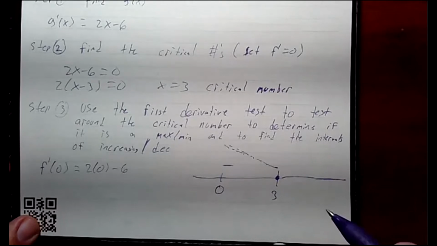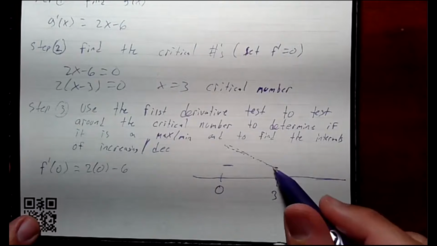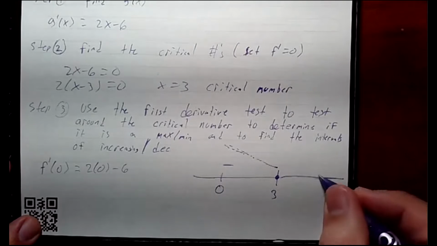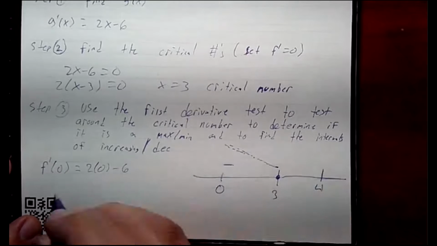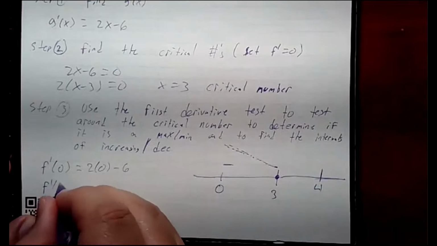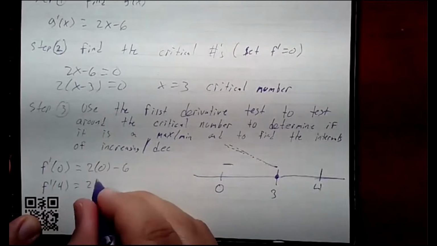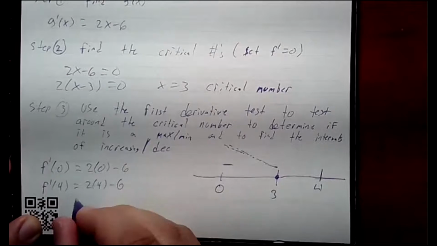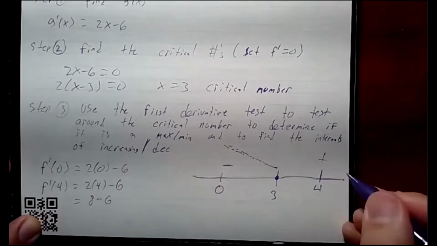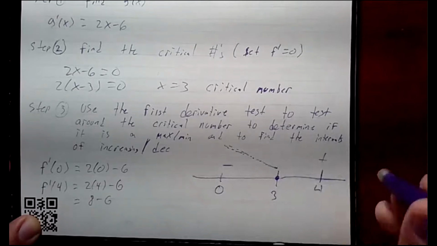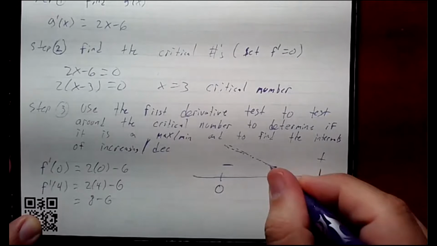Now, we don't know if we continue to decrease or if we begin to increase after. So pick another number right after. Choose an easy one. 4. Derivative at 4. That's positive, right? So it begins to increase.